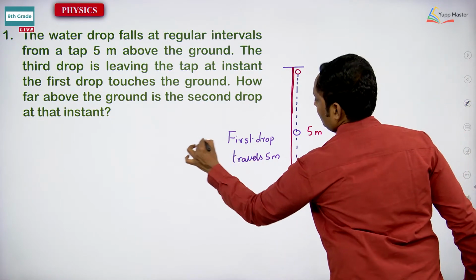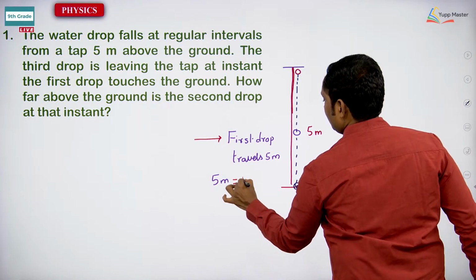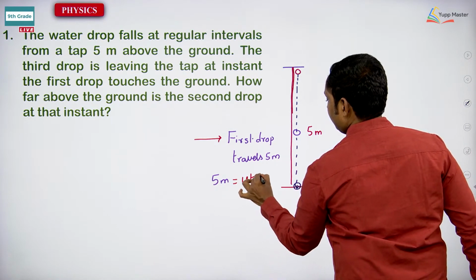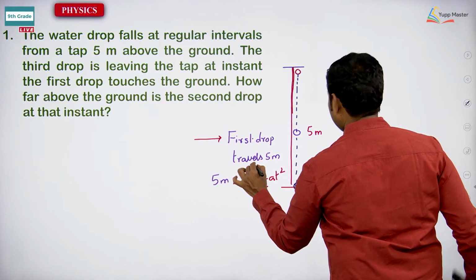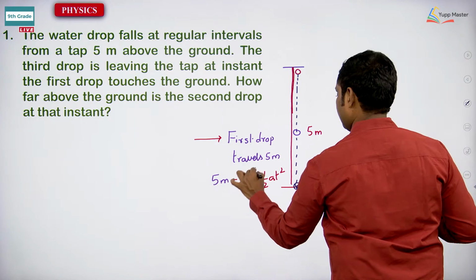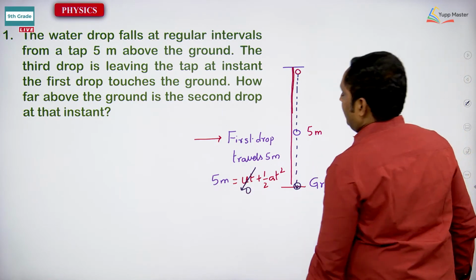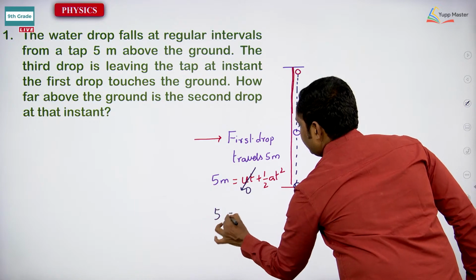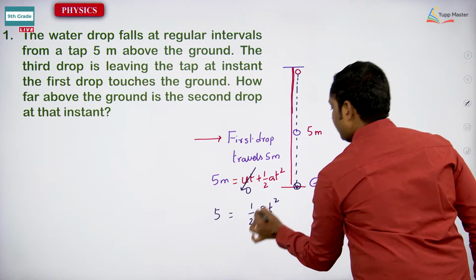Apply the equation s equals u t plus half a t square. Here u is going to be 0, so 5 is equal to half g t square.